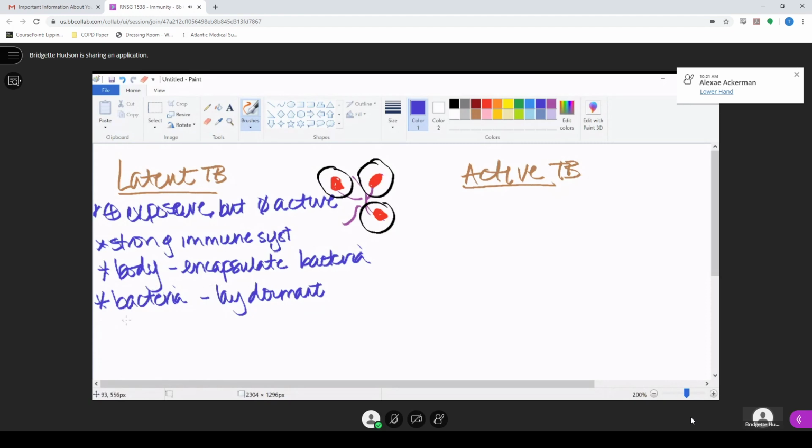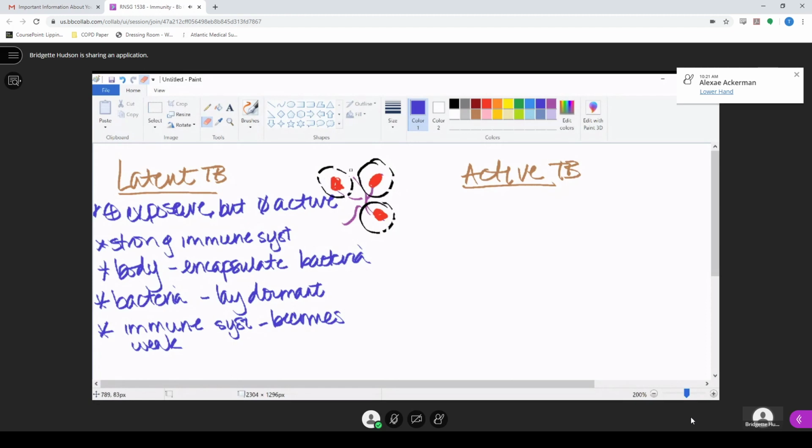So while it's laying dormant, it will lay dormant until your immune system becomes weak. So when your immune system becomes weak, then this encapsulated bacteria will now be able to escape and come out. And you can see that here.